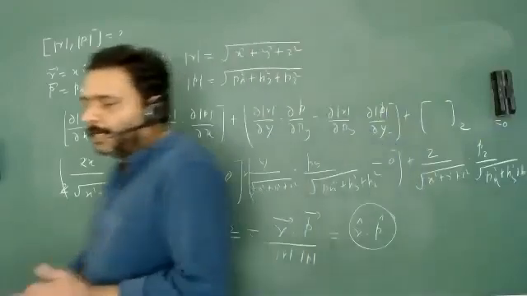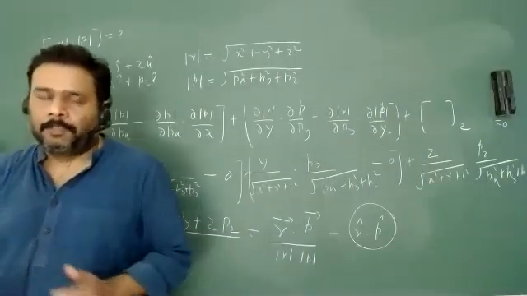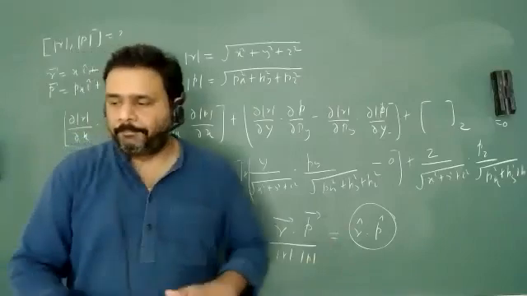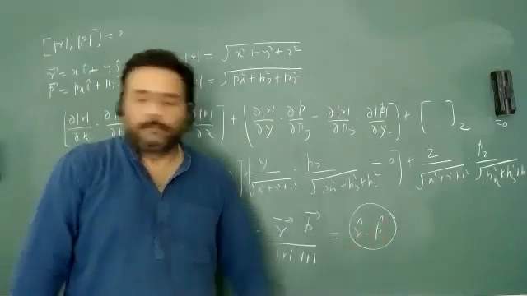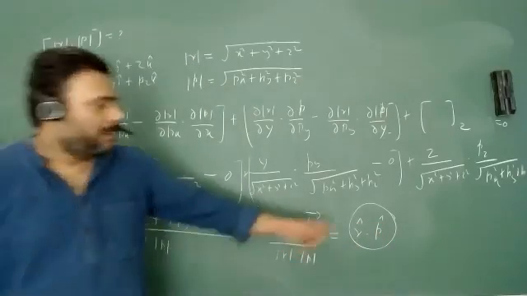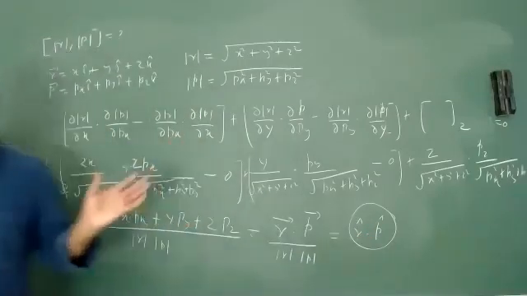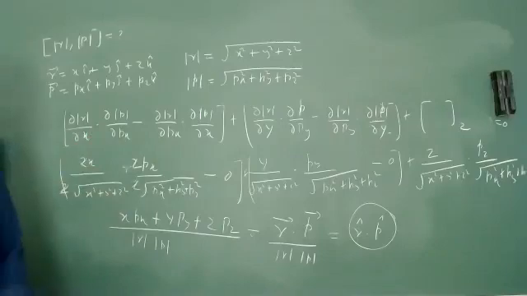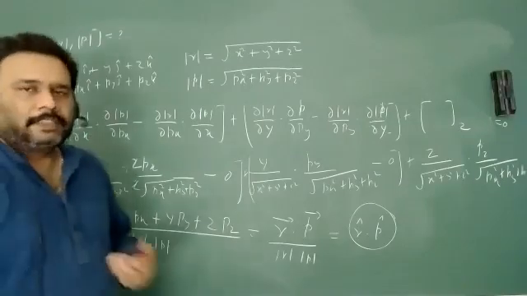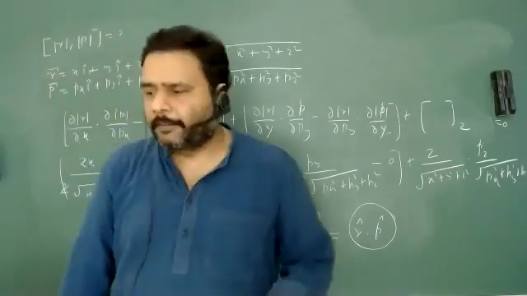It depends on the direction of r cap, the direction of p cap, and the angle between them. Then you can write what is going to happen. So the correct answer is r cap dot p cap. One year this will come in your examination and it will be a 5 marks question. Once you understand the basic definition, you can easily calculate the thing.